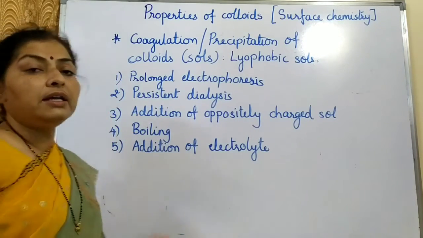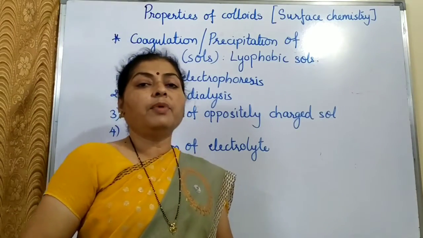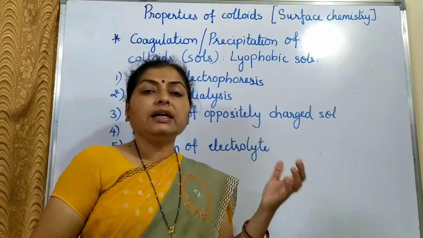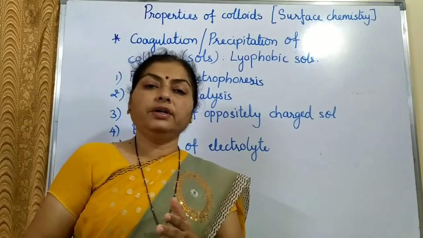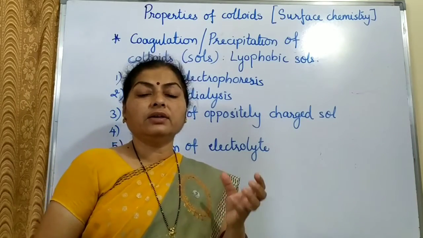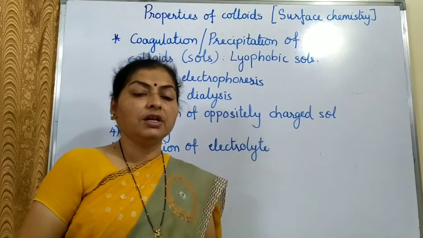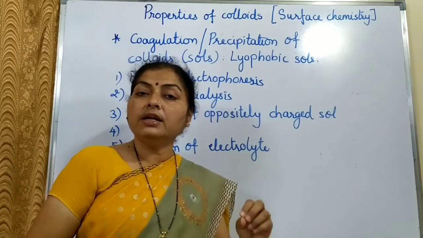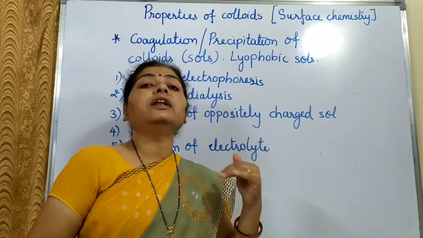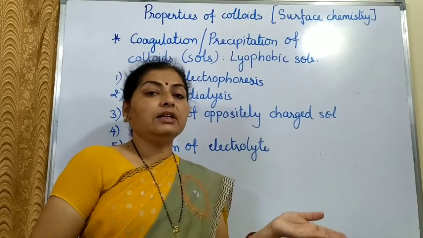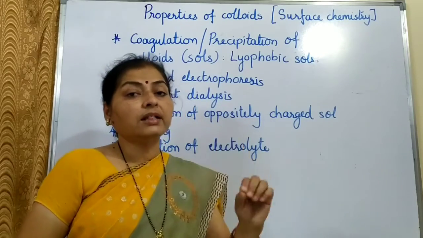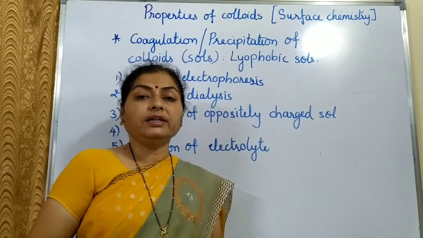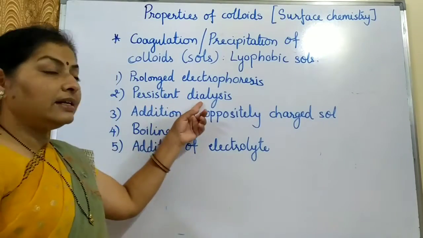The second method is persistent dialysis. Dialysis we have already seen in the previous part of the chapter. It is a method to purify the colloid. So as we are preparing colloidal solution by peptization, which is done by adding a small quantity of electrolyte, which keeps the colloidal solution stable. But if the electrolyte is in excess, then it will make the colloidal solution impure. So in order to remove the excess electrolyte, we do dialysis.